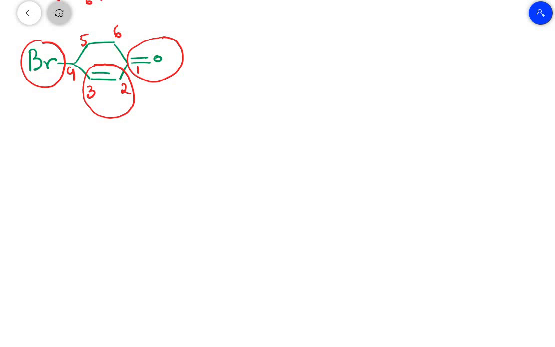So alphabetically Br comes first, so we write it as 4-bromo, then followed by cyclo. Since it is cyclic and it is having 6 carbons, we write hex, and we are having a secondary functional group, that is a double bond present between 2 and 3, so we write it as 2-en, then followed by the first carbon atom we are having a ketone that is called one. Is it clear, students?